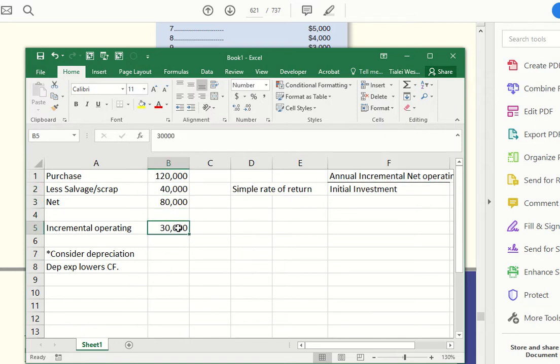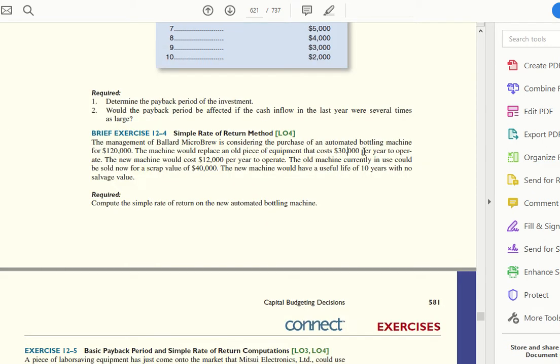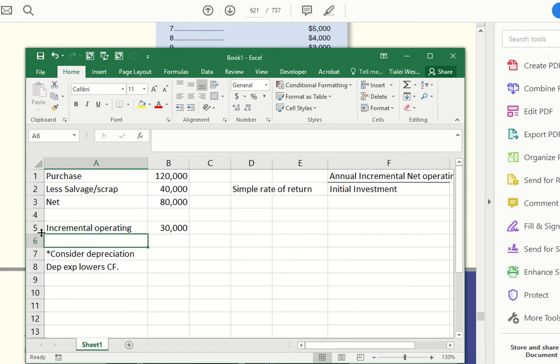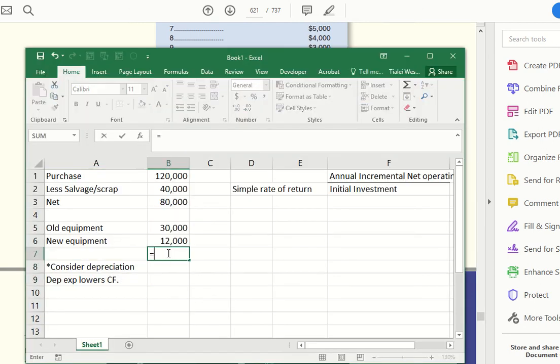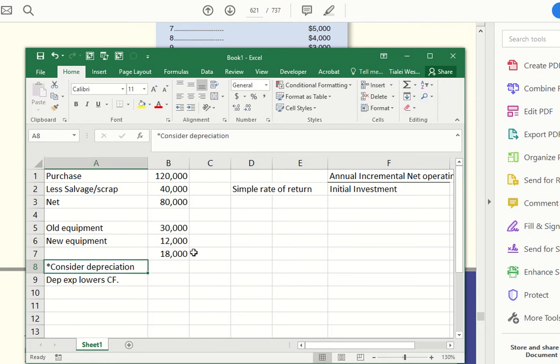For the operating costs, it says $30,000 is what it normally is for the old equipment. The new equipment would cost them $12,000. Let me double check that. 12,000, yep, it is 12,000. So cost savings would be 18,000, but we do need to consider depreciation.